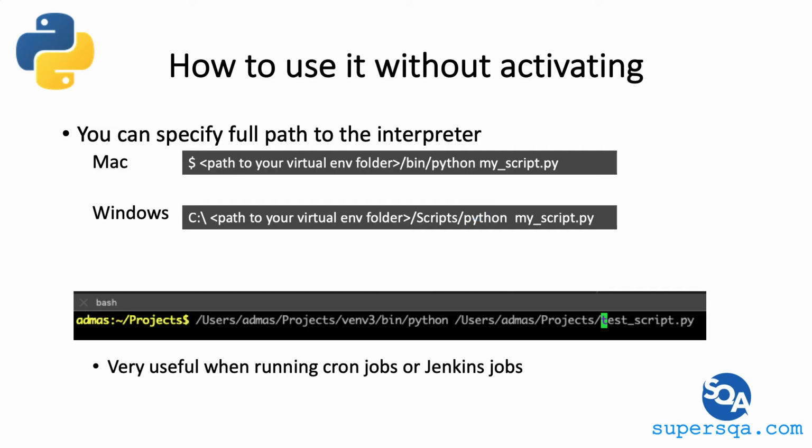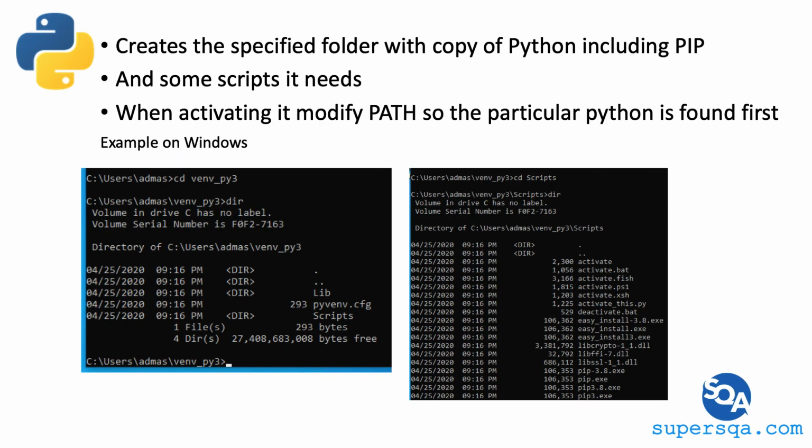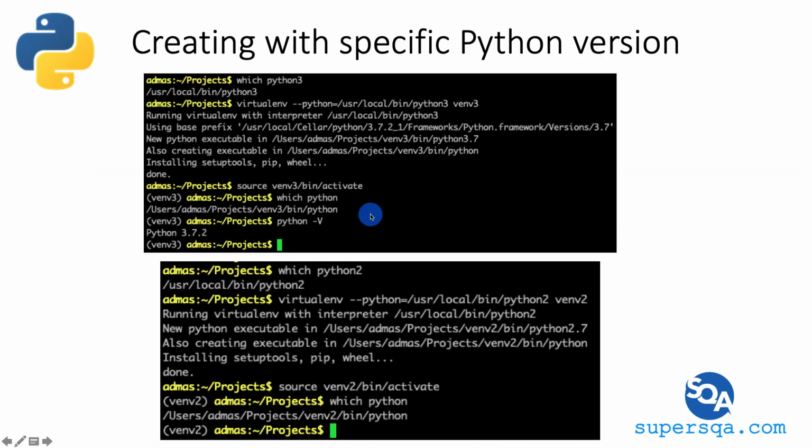So one key thing you don't see in most tutorials is you can use the virtual environment version of your Python without activating the virtual environment. All you have to do is just use that full path. In the previous slide, I showed you when you're inside of the virtual environment and you do which python, it's going to give you a path to the Python version of your environment.